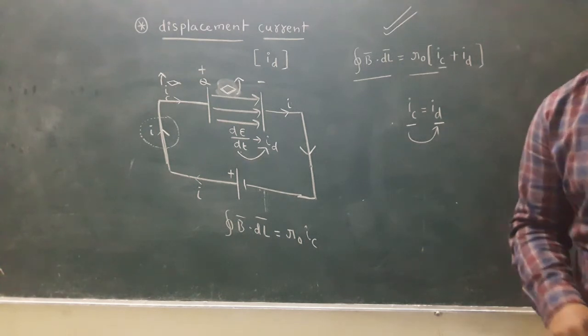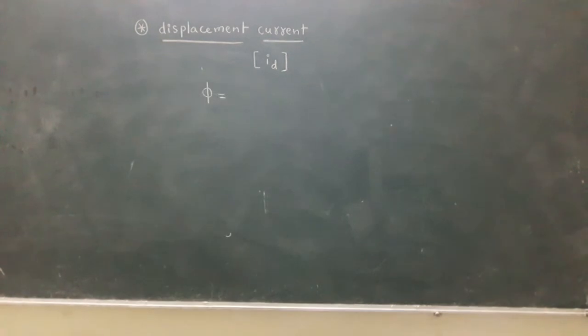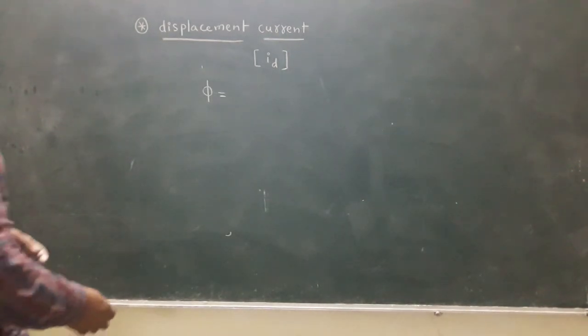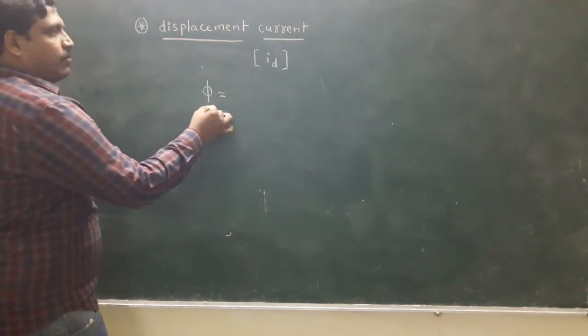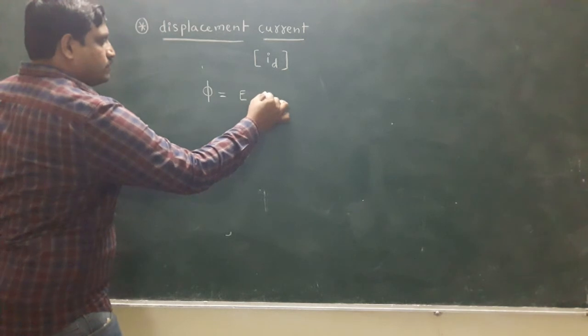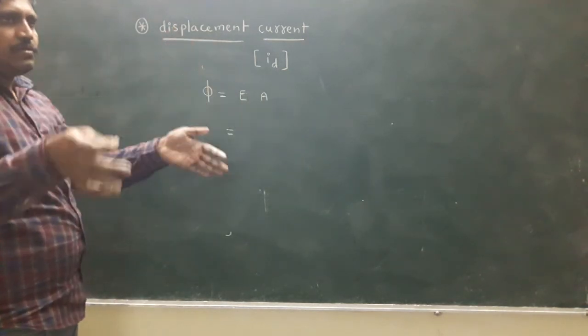Look here, all of you. What is the flux formula? Flux formula is phi equals E A. In this situation, I take a capacitor.